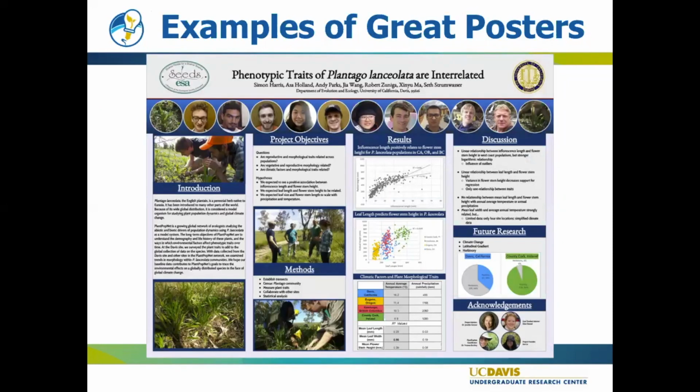And let's look at one more. So this one is fun because they have many different authors and they've included pictures of the authors at the top as well as the plants that the research was based around. So this gives a little more of a human impact here because you see the faces of the researchers. Each section is very clearly labeled.